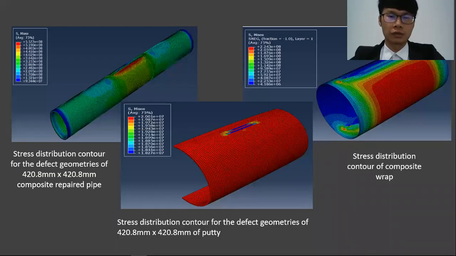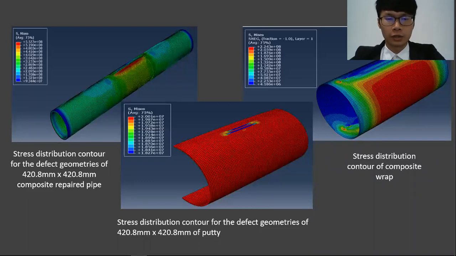Next is the stress distribution contour of my finite element result. The stress distribution contour for the defect geometry of 420.8 millimeter times 420.8 millimeter composite repair pipeline shows that the maximum stress is 557.7 megapascal, occurring at the edge of the defect pipe.